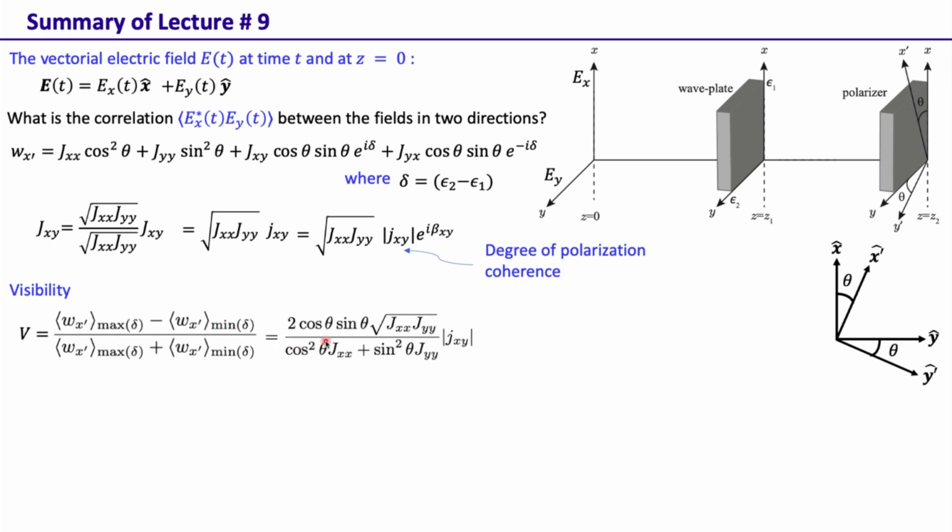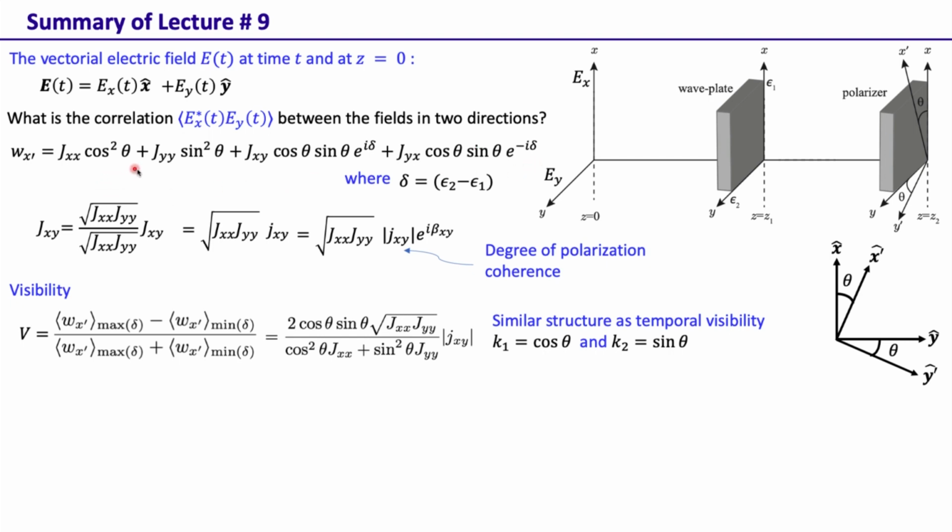This turns out to be 2 cosine theta sin theta times the square root of J_xx J_yy, and this quantity. We saw that this is the same structure if we recognize that cosine theta is essentially k1 and sine theta is essentially k2.